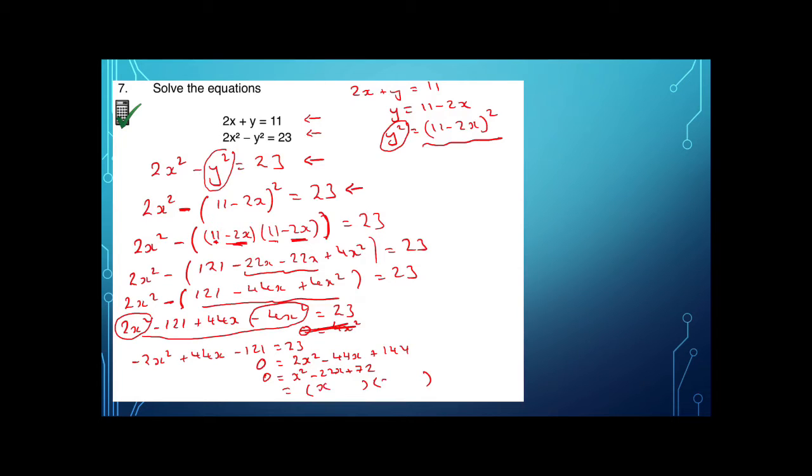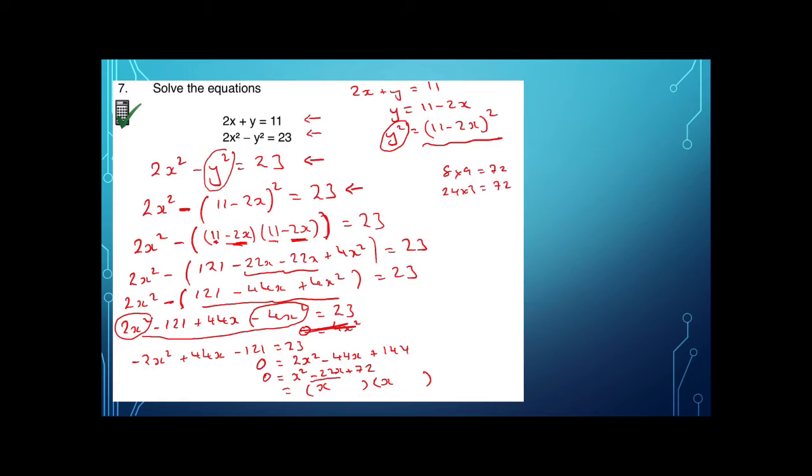That's x and x. Looking for two numbers that multiply together to make 72, but add together to make 22. So I'm going to try 8 times 9 is 72. Well, that doesn't work. 24 times 3 is 72.